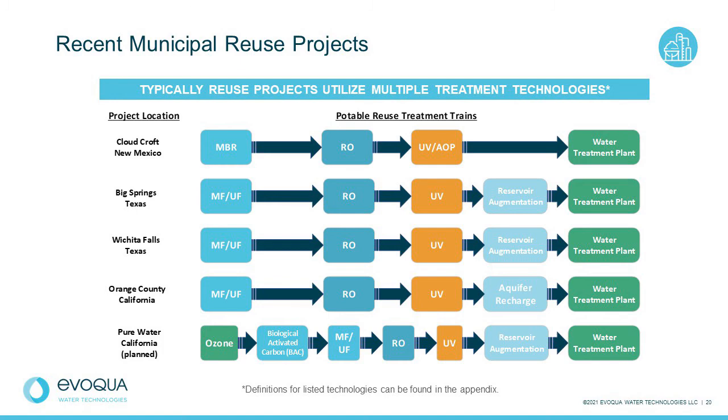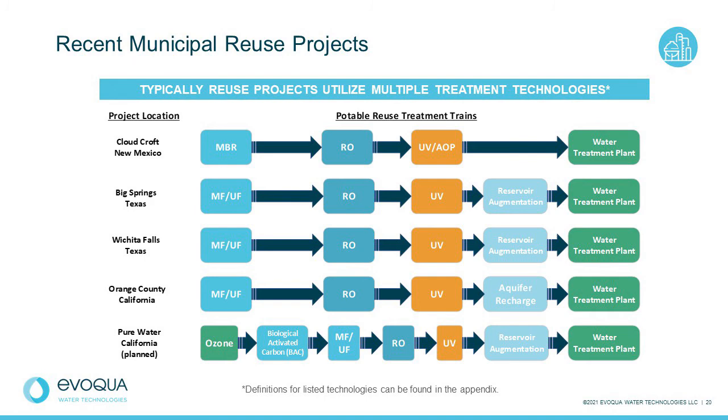When treated wastewater is reused, the level of treatment depends on the intended use. Water to be used for toilet flushing or irrigation of non-food crops requires lower levels of treatment than water for food crop irrigation or for drinking. This slide shows several potable water reuse projects in the United States and the processing steps required.